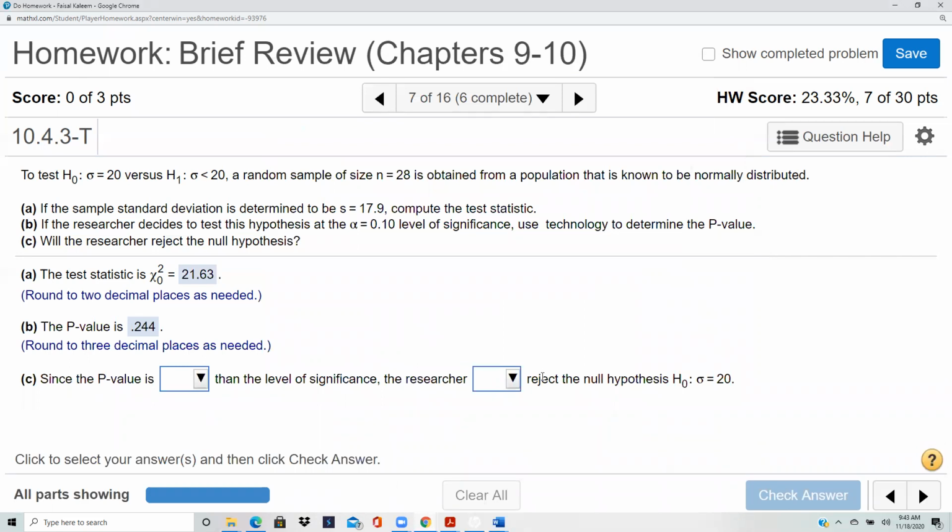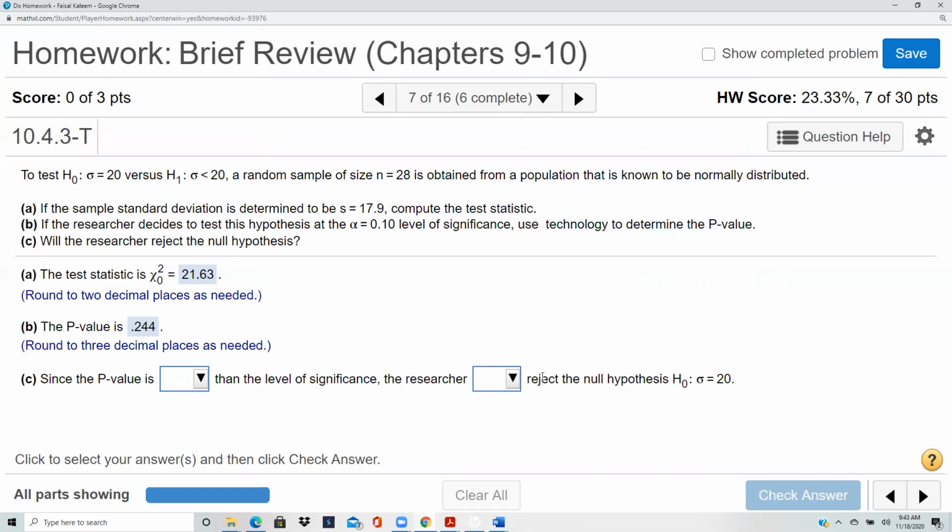Okay, what's the conclusion? Aren't we comparing the p-value to the, you don't know what it's called? Alpha? Right, good.